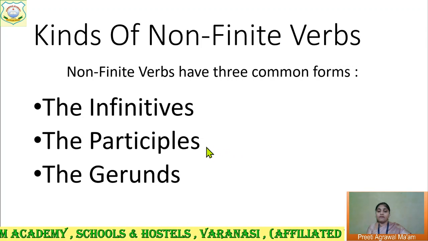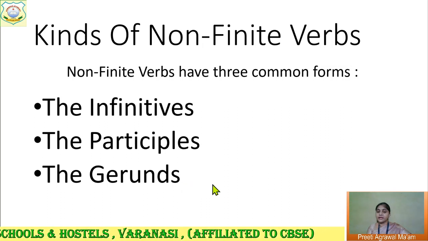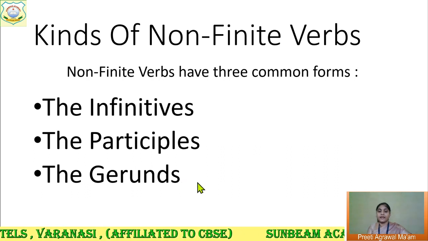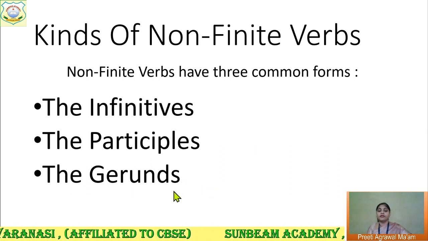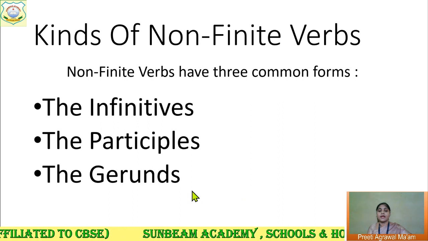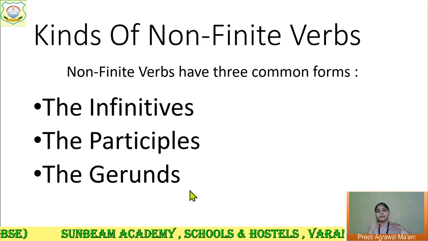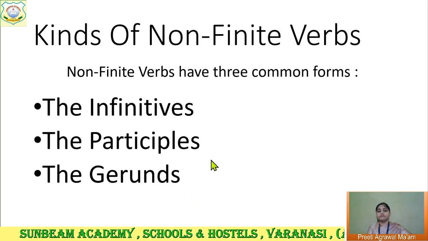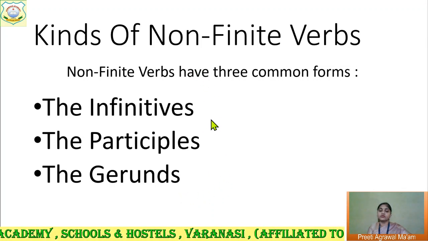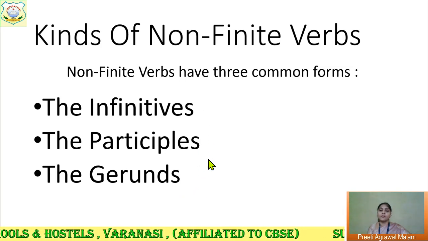I will be telling you how to identify that. And a gerund is V1 plus ing whenever your verb is acting as a noun. Whenever V1 plus ing is working as a noun, that will be your gerund. I know that it is not very clear, but as our time is over, we will discuss the three common forms in our next classes.